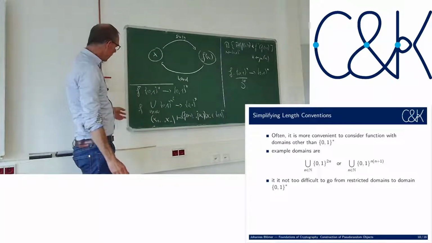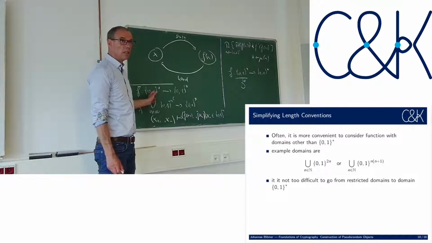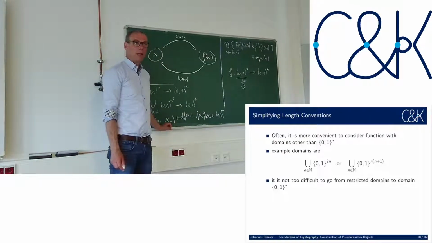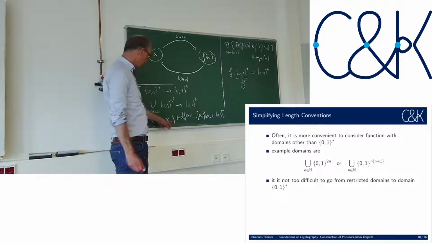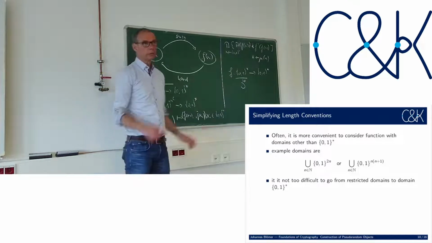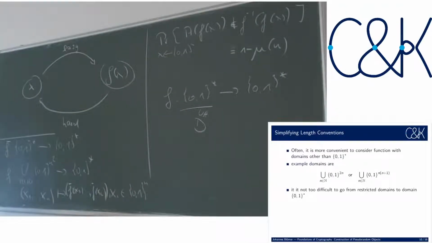So you apply this function to the n parts of the input. And this has length n squared, because each of the n parts has length n.